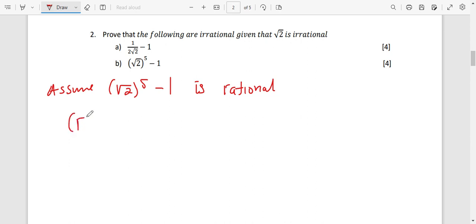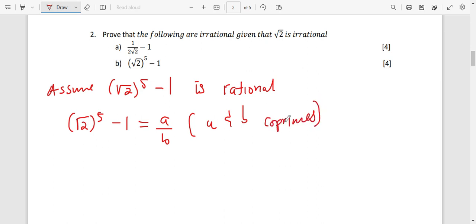Okay, very good. So square root of 2 to the power 5 minus 1 is going to be equal to a over b, where a and b are co-primes or integers, and b can't be equal to 0.